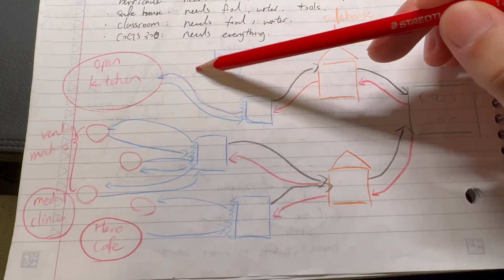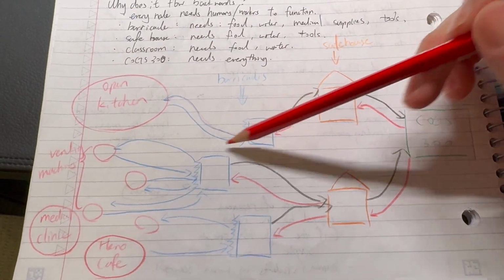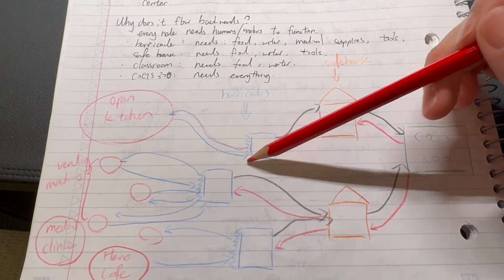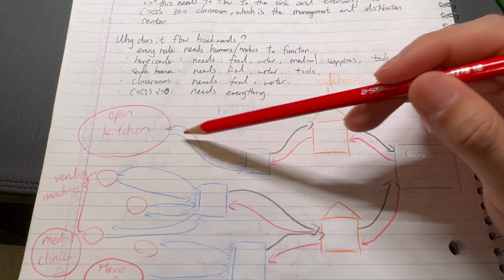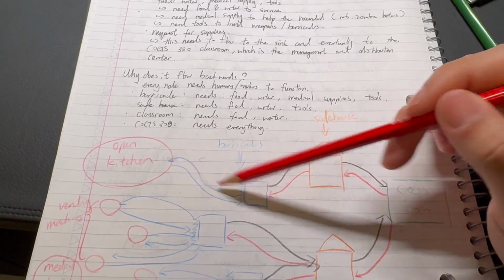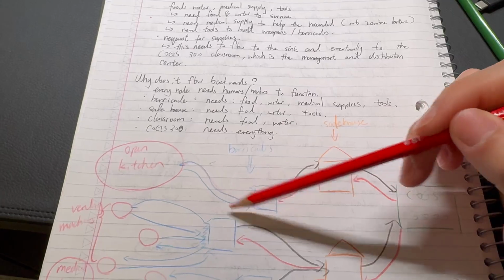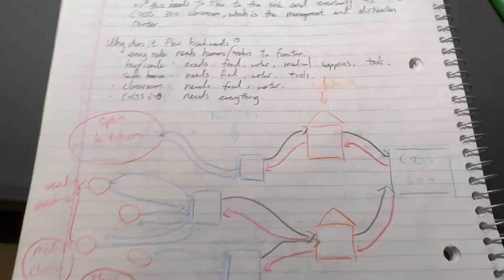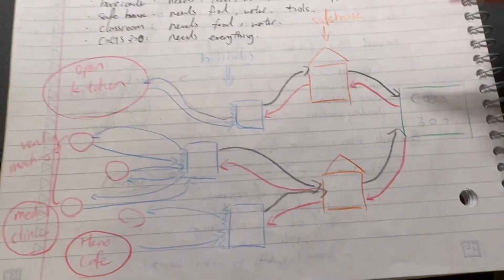The blue ones are the barricades, and they will send out scavengers to the red sources, and they will bring back food supplies, water, and medical supplies, etc.